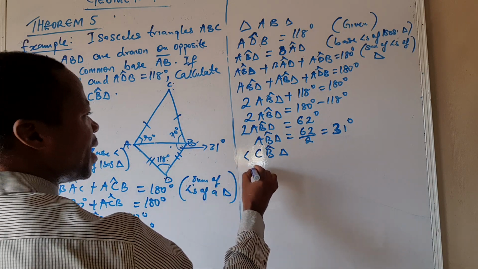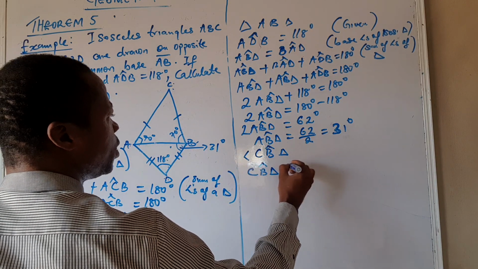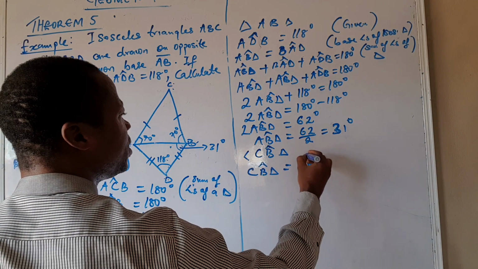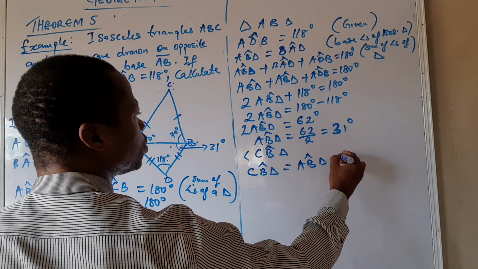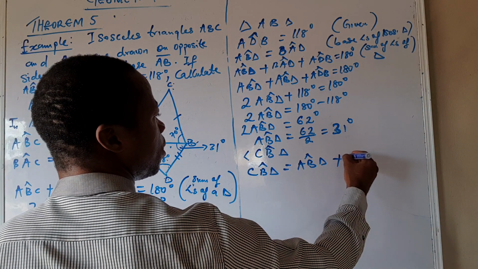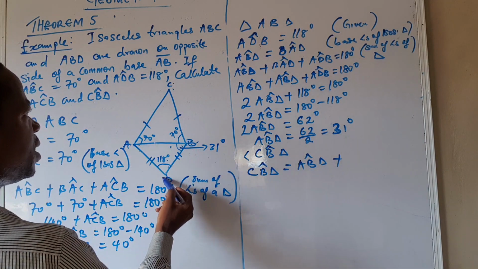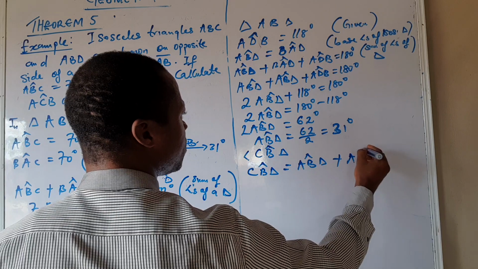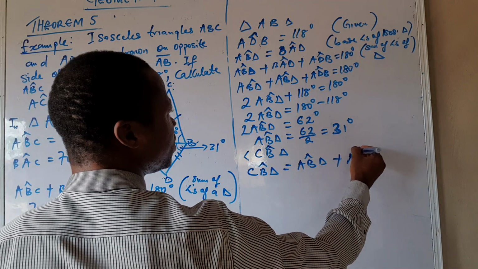So I can say that my CBD is equal to ABD plus ABC.